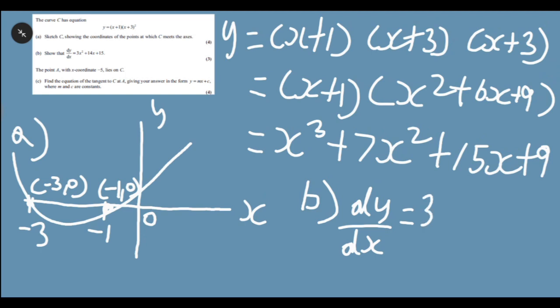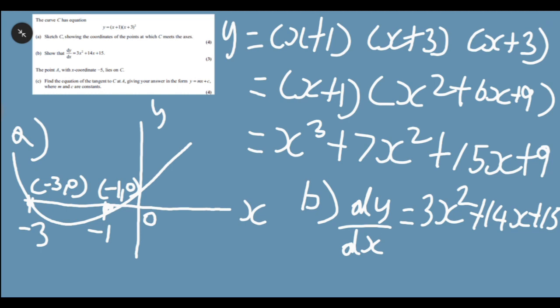So that would be 3x, minus 1 from the power, that's squared, 3x squared. Then we do 7 times 2, which is 14x. Take away the power, so that just stays 1. And 15x would just be plus 15. We've solved question B as well.